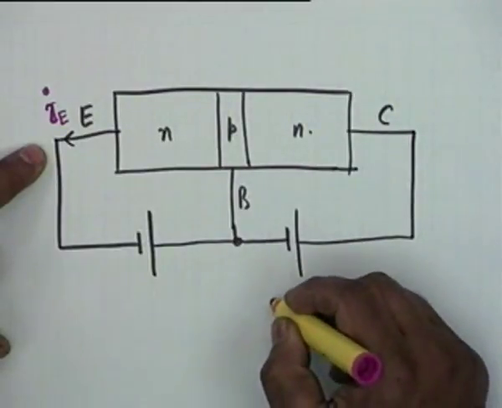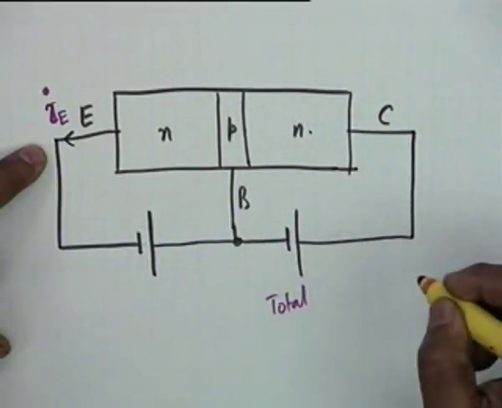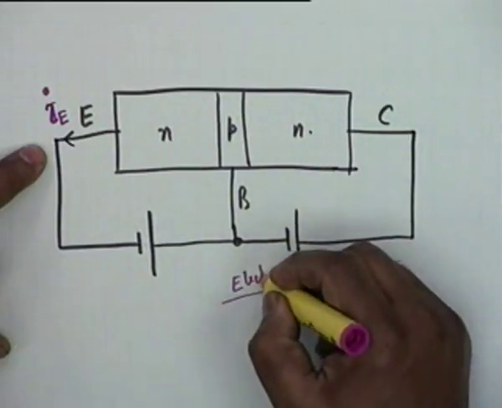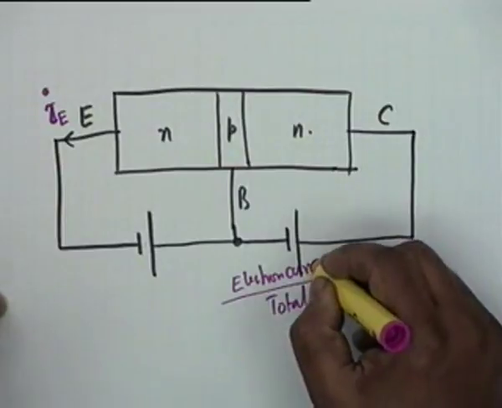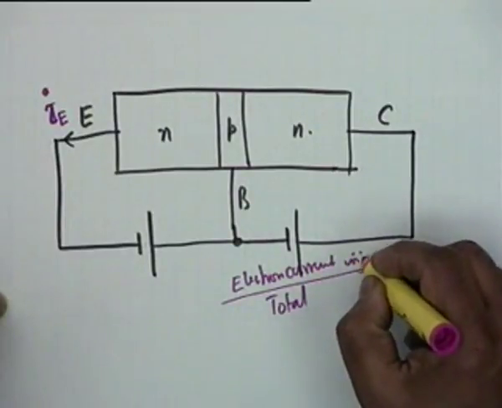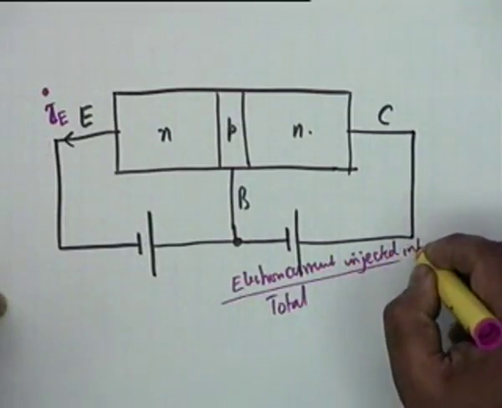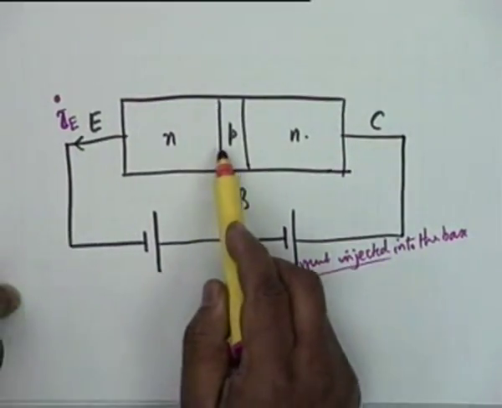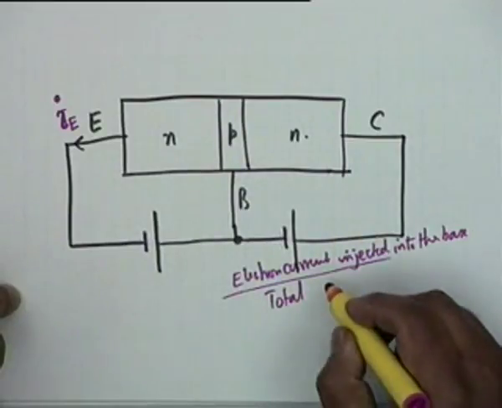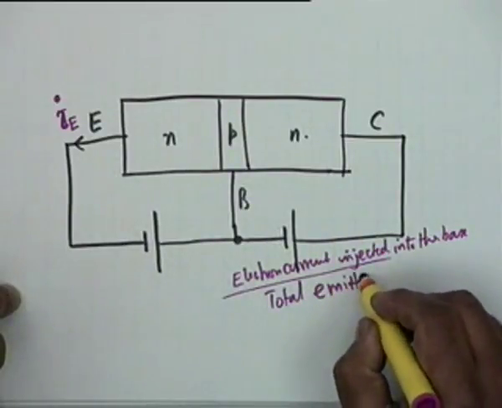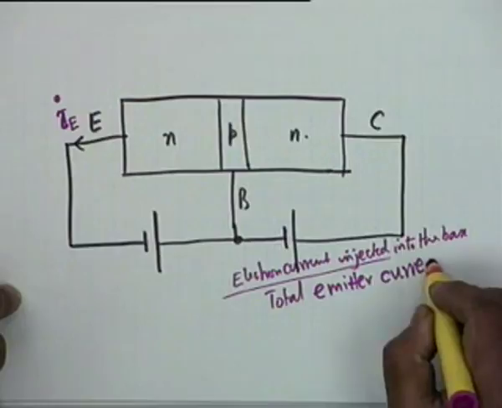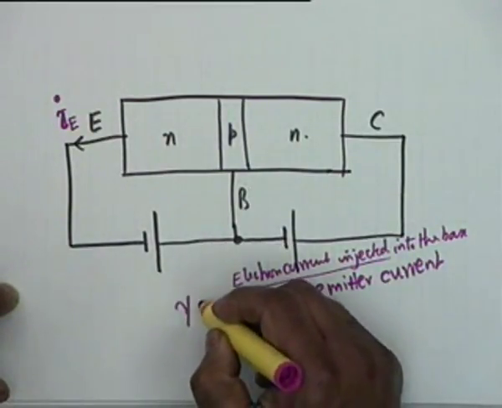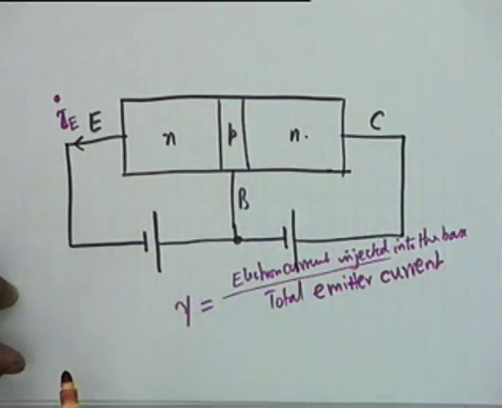So if we define this ratio as electron current injected into the base divided by total emitter current, this ratio is called the emitter efficiency and is denoted by gamma.